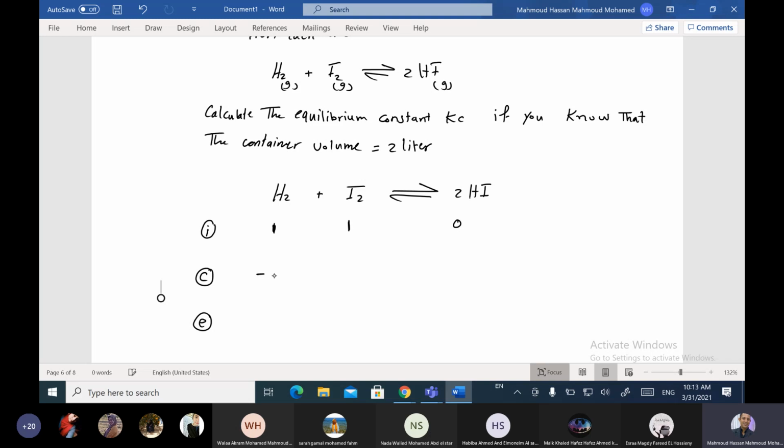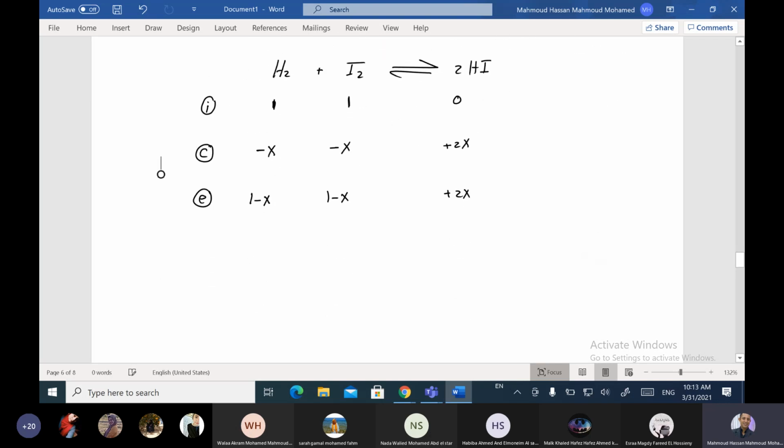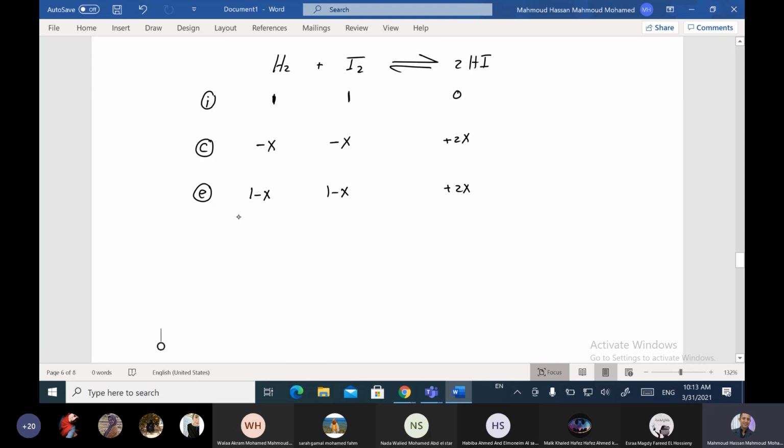It changes by the rate x, decreases by x, and the product increases by 2x. At equilibrium, 1 subtract x, 1 subtract x, plus 2x. And we know that the value of x was 0.2, decreasing by 0.2.